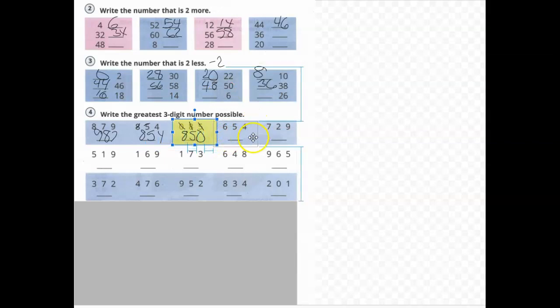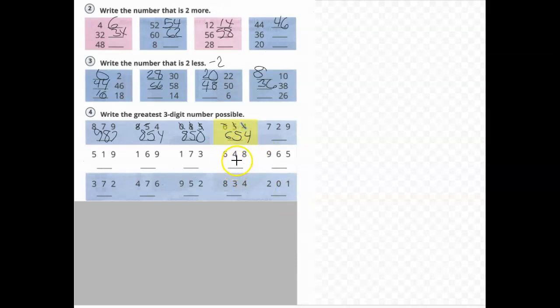Now I'm not going to talk. You try to do the next 2, and then I'll solve them and see if you got them right. Did you get 654?